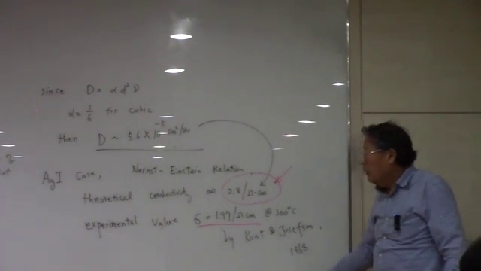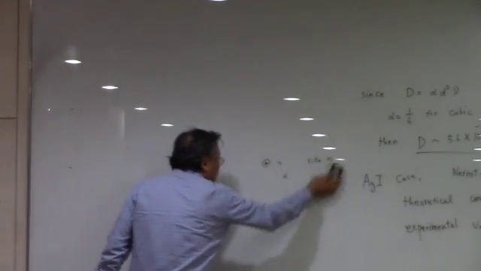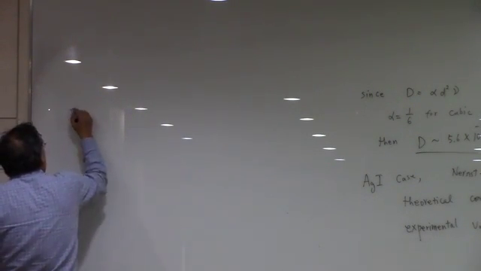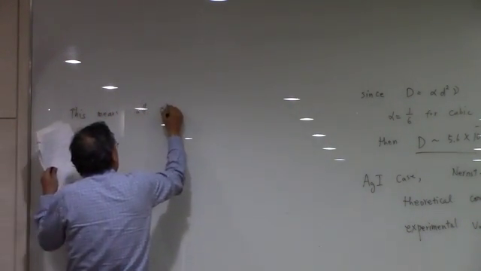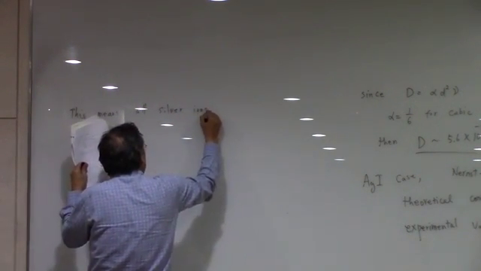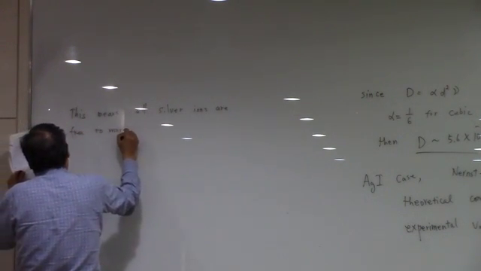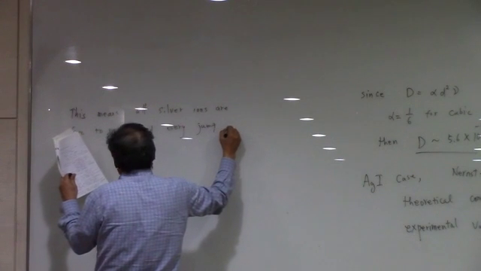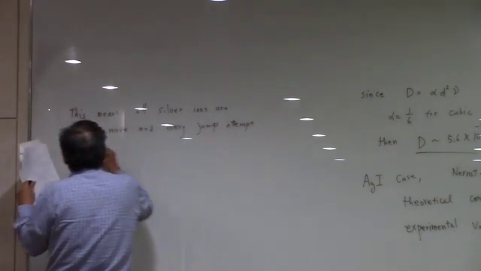In this simple jump model, what we have assumed is that all silver ions are free to move, and every jump attempt is successful.